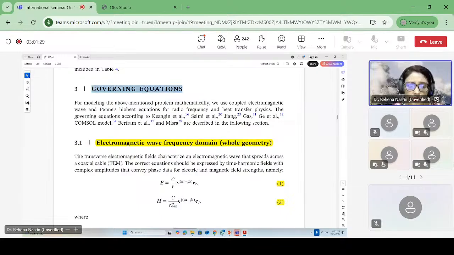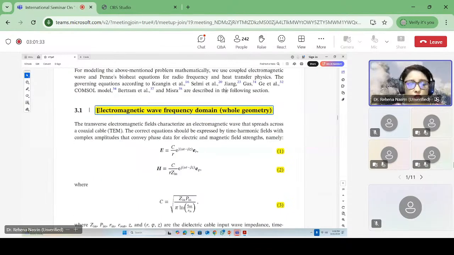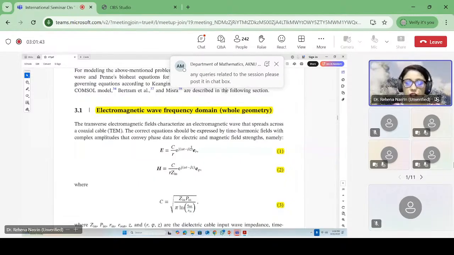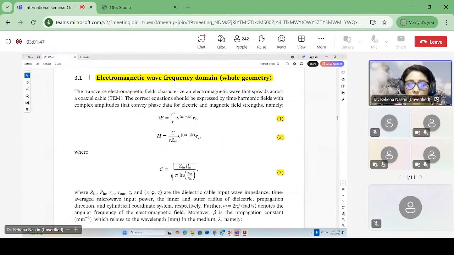There are a couple of equations. There are 2 physics actually. First one is electromagnetic wave, frequency domain. So equations 1, 2, 3 are electromagnetic wave frequency. Here is the electricity part, and here is the magnetic part.